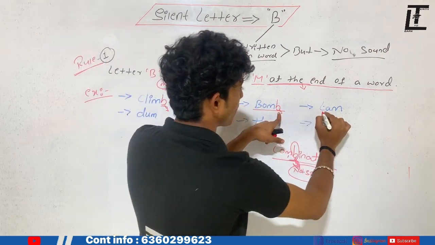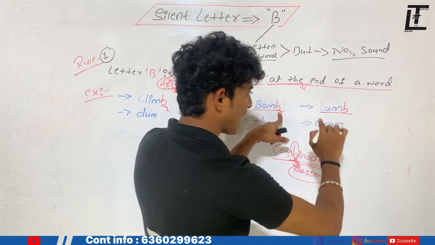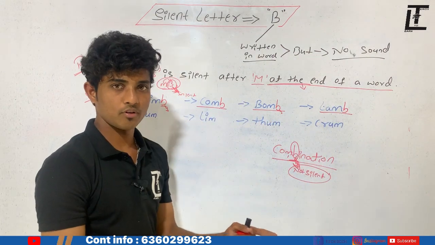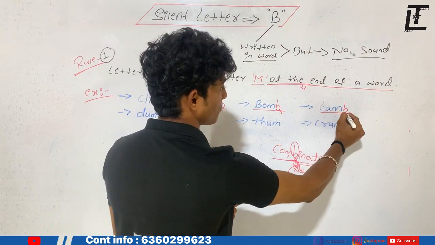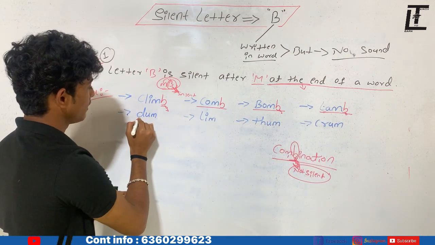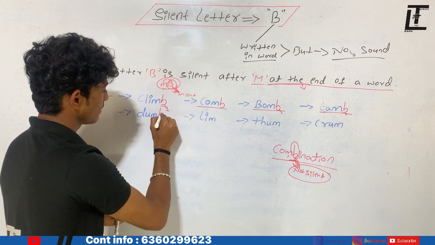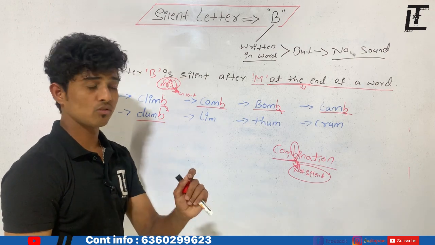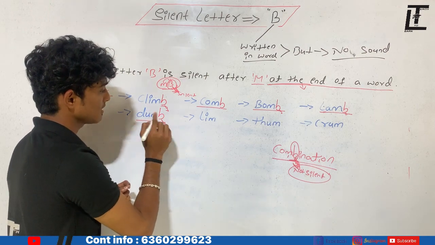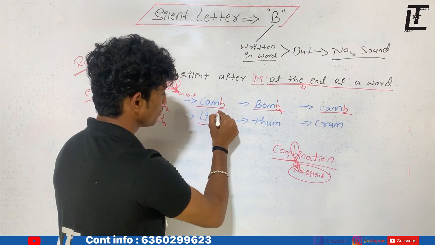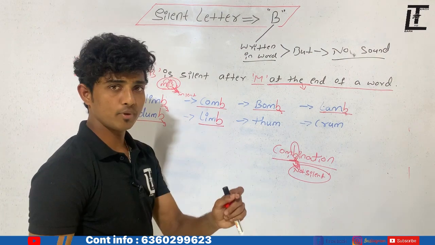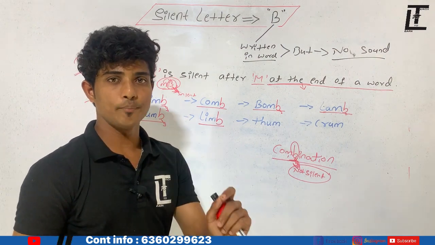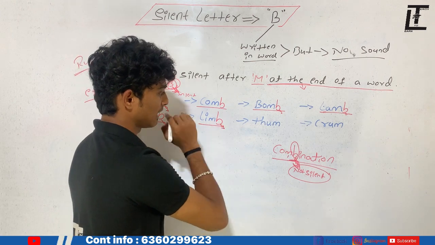Now we pronounce this as lamb, without the B sound. B is a silent letter. Here we pronounce this as dumb, without the B. It is a silent letter. Again here we don't pronounce the B in limb. B is a silent letter again. Why?